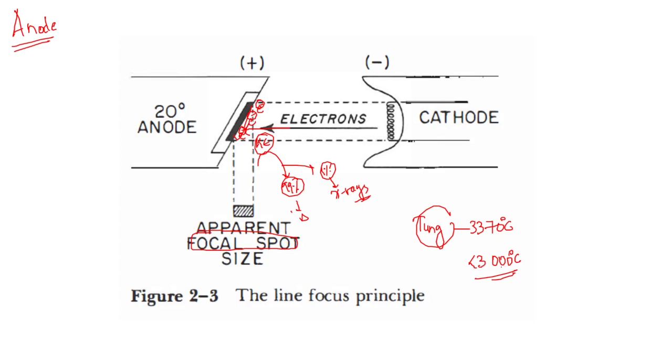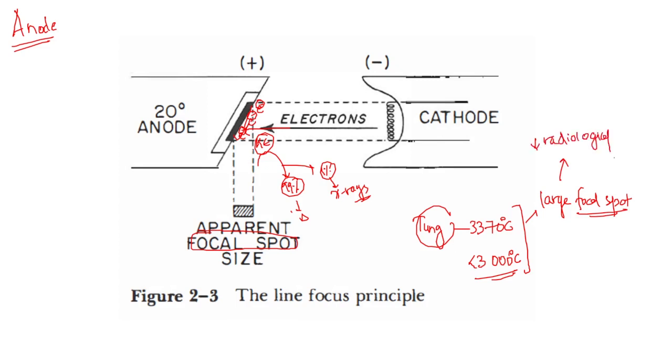So we have to prevent this and keep the temperature below 3000 degrees Celsius. For decreasing the temperature, we need a larger focal spot, right? One more important thing is that if there is a larger focal spot, the radiological detail will not be good.